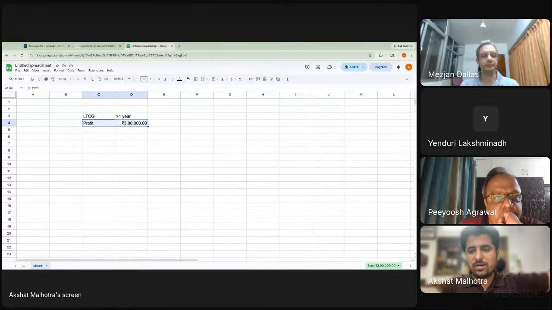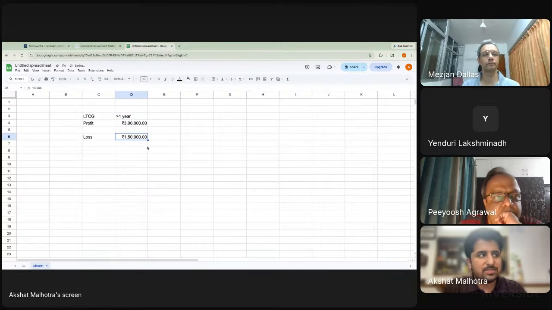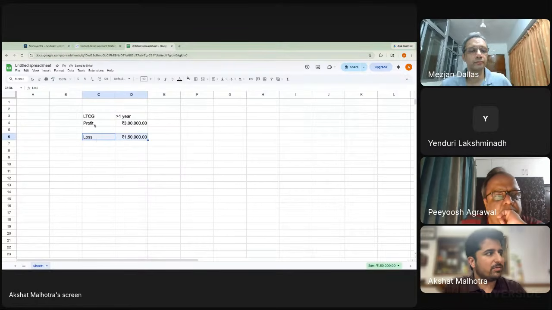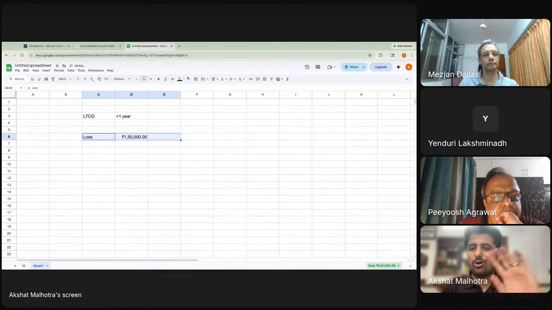So let's say you've made a total profit of 3 lakh rupees and your total loss is, say, 1,50,000 rupees. Just making this up. Now, let me take it this way. Scenario one: I just make a loss, I make no profit.